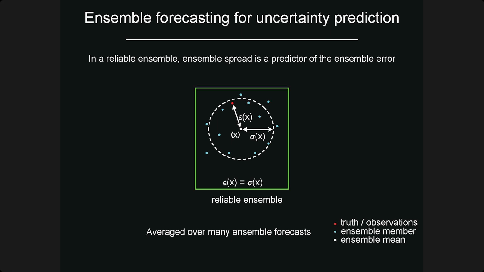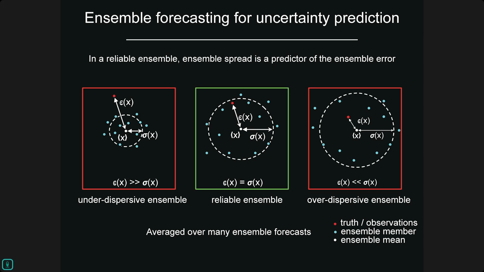The ensemble mean is the white dot, and the observation is the red dot. What you want is the observation to be somewhere within your ensemble spread. And the error is given by the standard deviation of your ensemble from the ensemble mean. That sigma x should predict the error in your forecast.